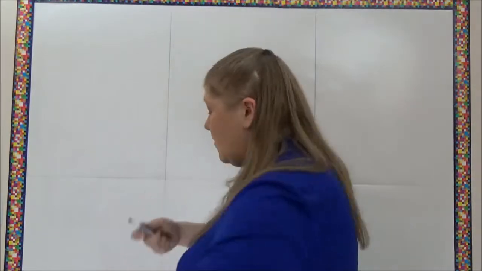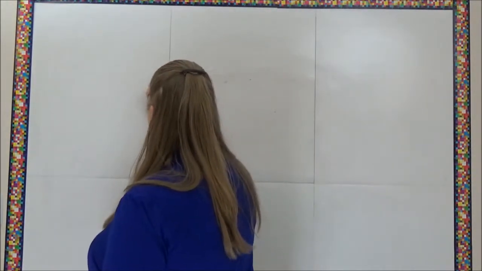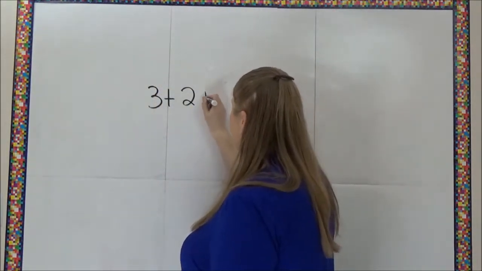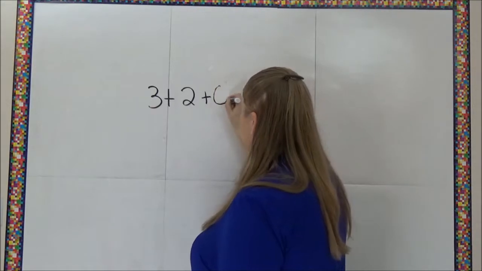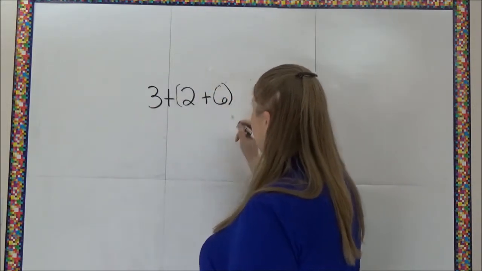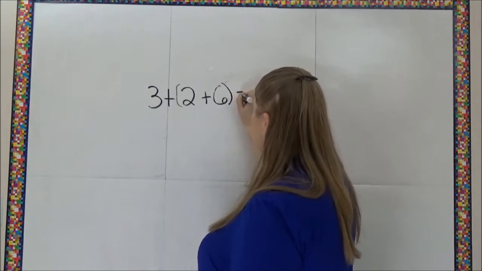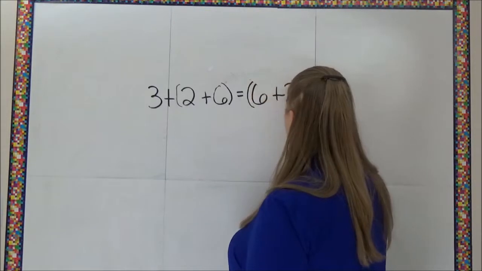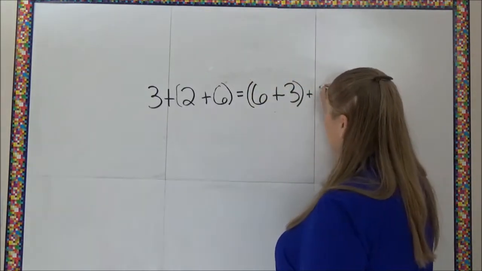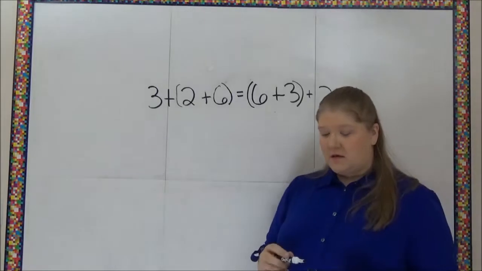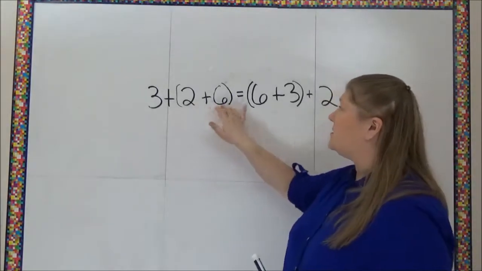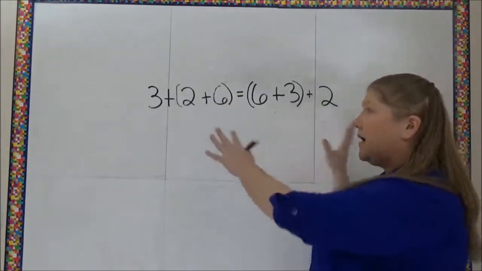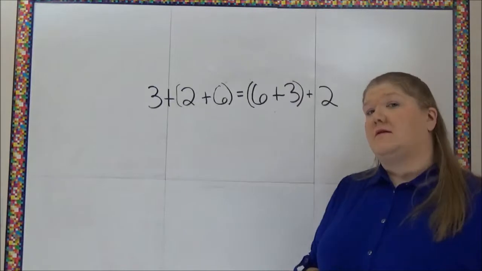We're going to have (3 plus 2) plus 6 as a group, and we're going to find out if this is equal to (6 plus 3) as a group plus 2. It's all addition, but on this side the order is 3, 2, 6, and this one is 6, 3, 2, and our groupings are different. So let's work out each side independently and verify that they're the same.